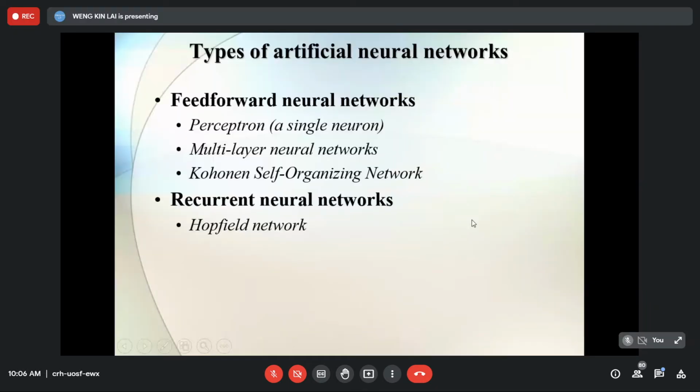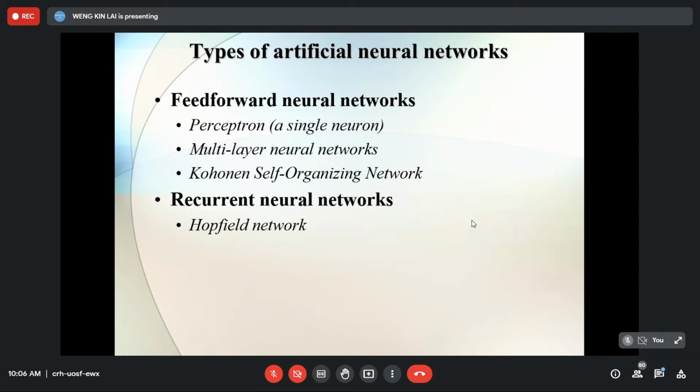Okay, so let's look at some of the types of artificial neural networks. Regardless of whether it's a deep or a shallow artificial neural network, as you see later on, there are some differences between the shallow and the deep, but of course it is more in terms of the architecture.